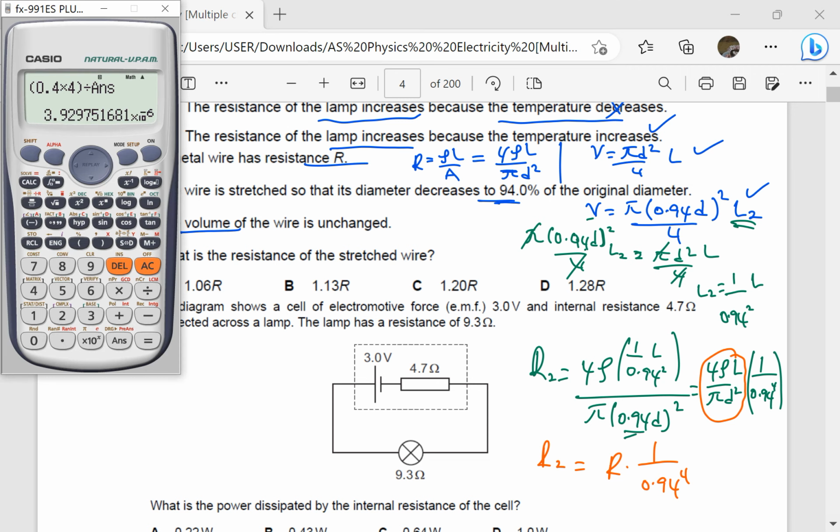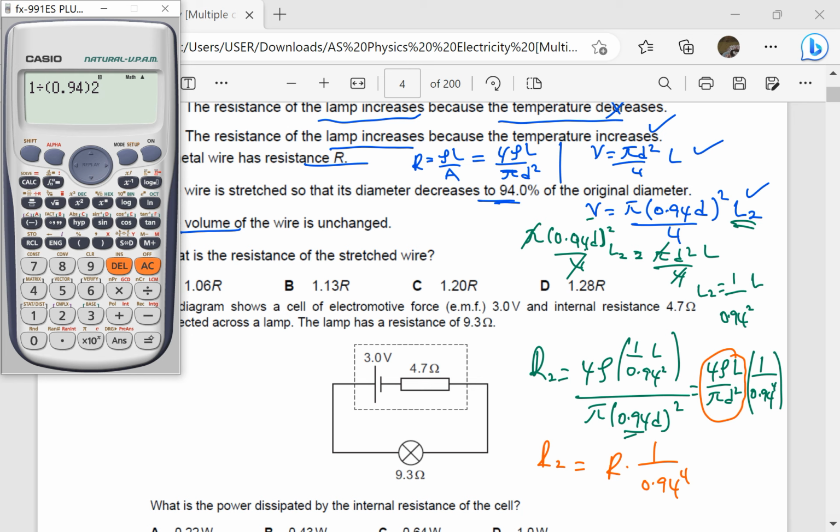Let's check with our calculator and see what we get. 1 divided by 0.94 raised to power 4. I don't know how to use the power function on this calculator very well, but I can square it twice.